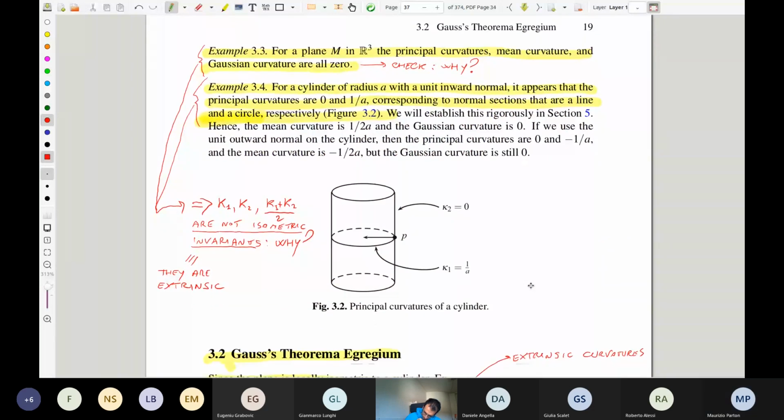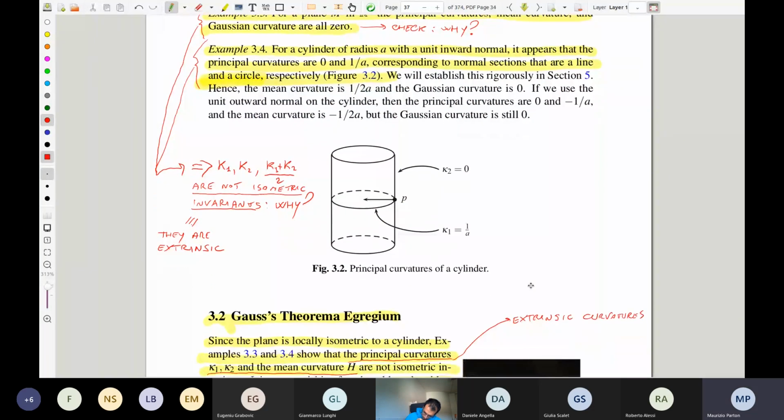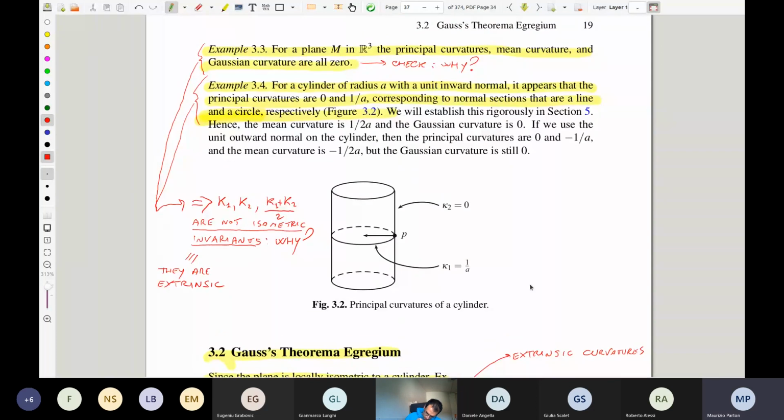So let's check, for instance, if you are looking at a cylinder and we want to compute the principal curvatures, how do you do it?